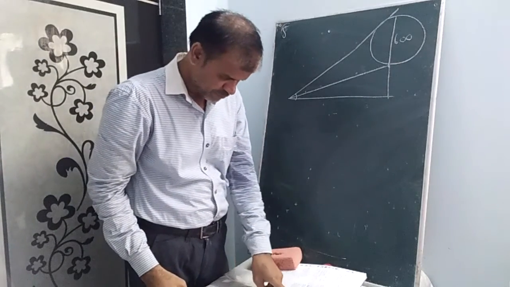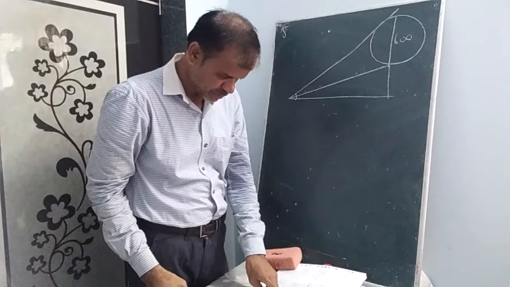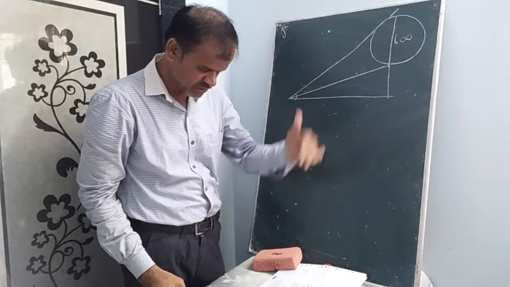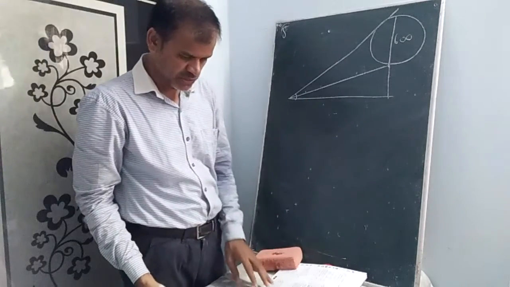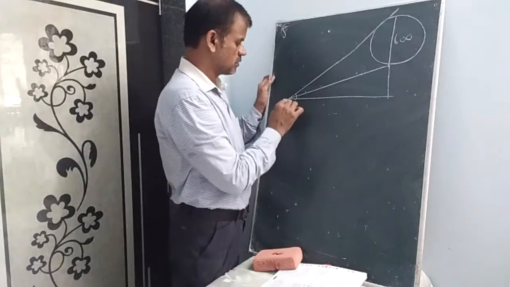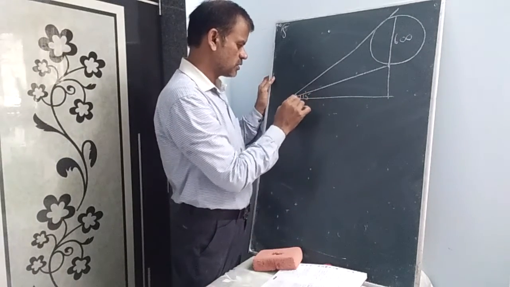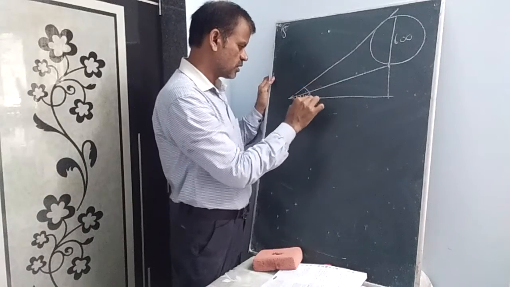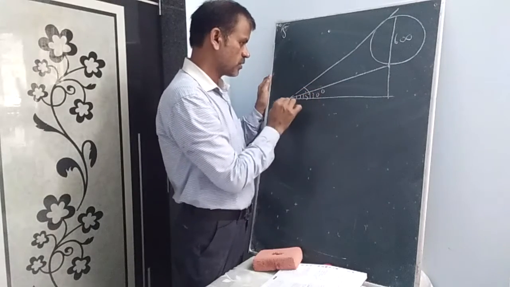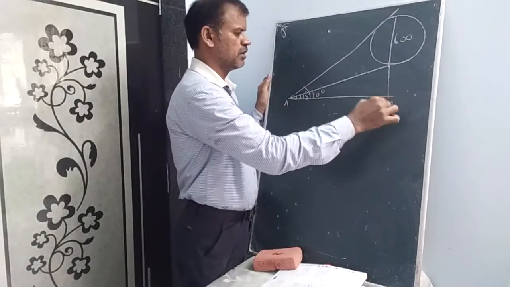The horizontal distance between the ship and the ascent in meters, we should calculate this one, horizontal. This small angle is 15, and the full angle is 30. Let us name these A, B, C, D.